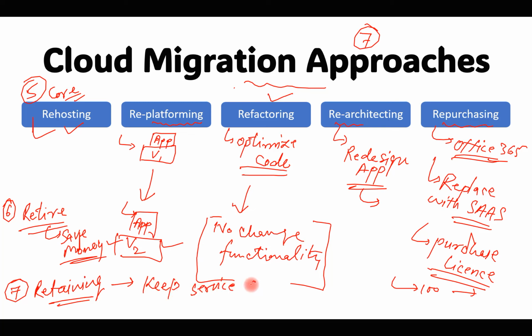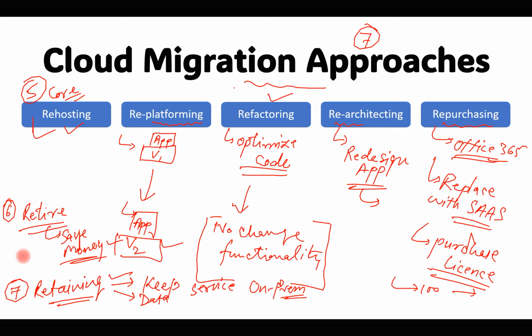So we need to identify those services which are not supported in the cloud. At that time we will follow this approach, and we will retain those services. It is also possible that there is some data that you don't want to keep in the cloud; you want to retain that data, and you can do it during this approach.